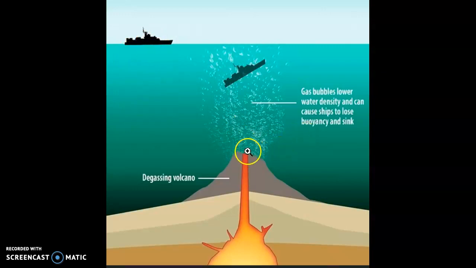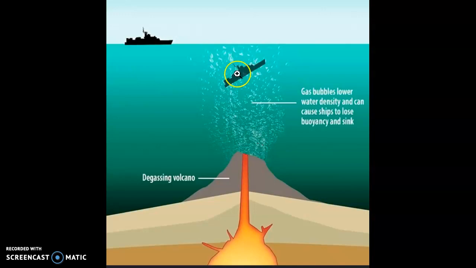But if you have gases being emitted from these volcanic vents, and these gases, obviously air, will create a lighter medium. Air will enhance the buoyancy of the water. It will result in the density of that particular medium or body of water decreasing.